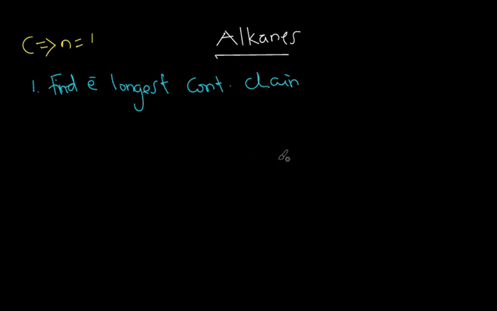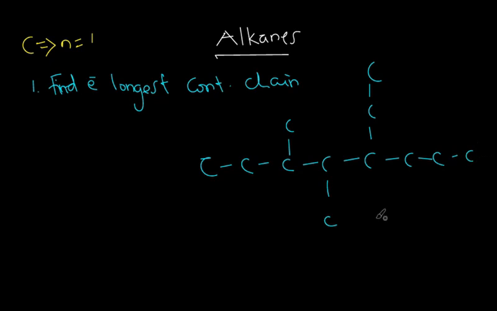Let's have, for instance, this as our alkane. Then we have another carbon here, another carbon here, maybe another carbon, then another carbon over here. Then we have one and one over here. This is just the skeleton, so we are not adding anything.